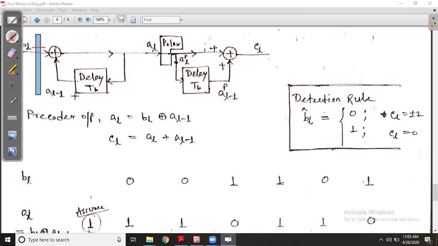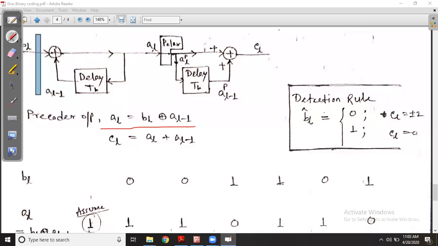This is your BL and this is your A of L minus 1. We are getting AL. So AL is nothing but the precoding between two bits, BL and A of L minus 1. Now we have this expression.